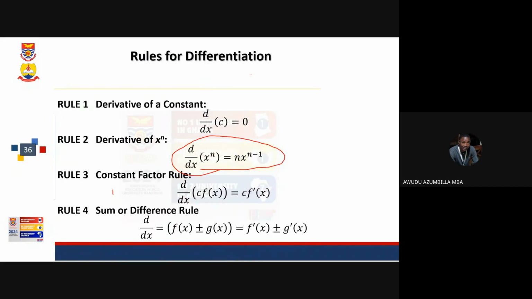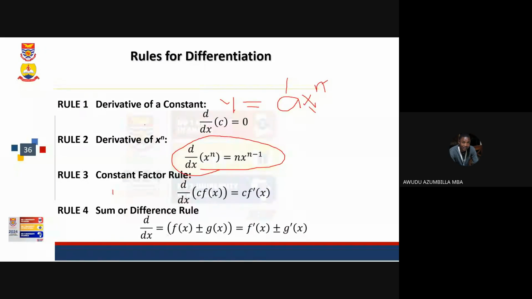The second rule says that if we have, let me write this nicely here, y is equal to ax raised to the power n. A is a constant, x is a variable, and n is any number.